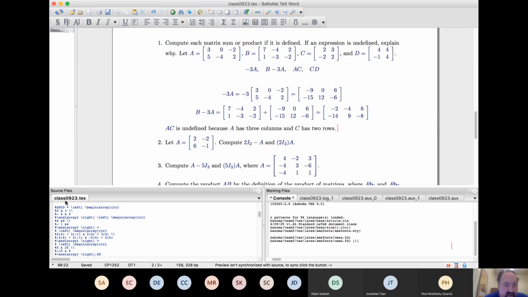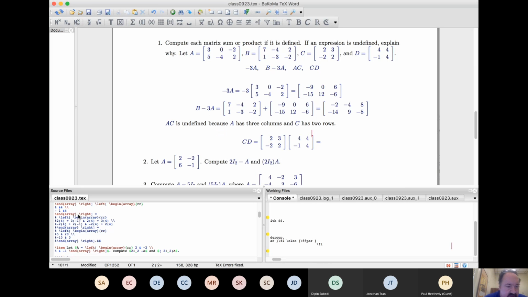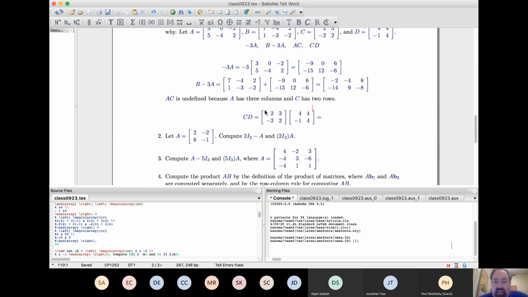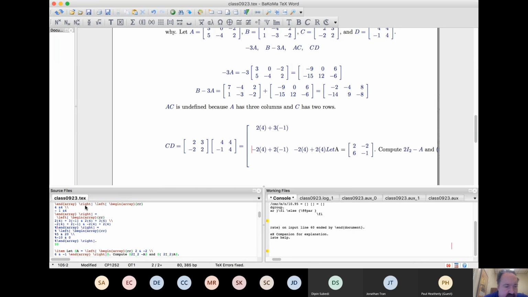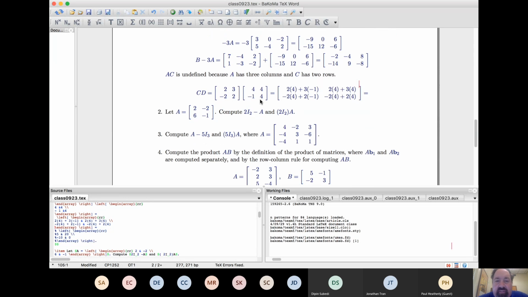So if I show you C times D, all right, here I've just placed them here. So now to carry out the product, I do this one entry at a time, and I'll show you what operations that actually entails.